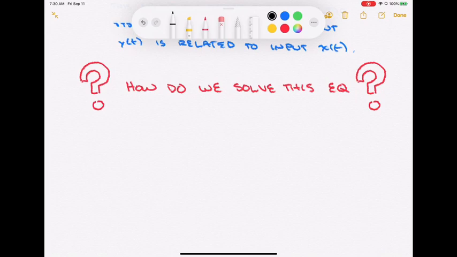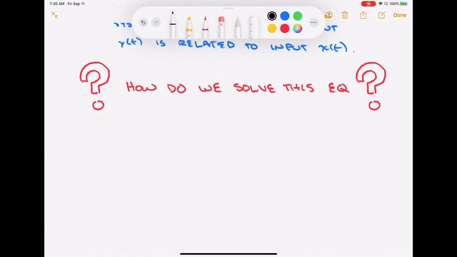When we talk about the state of a system, we're usually talking about the state of energy inside the system. So the state is set to zero, no internal energy, and then we apply an external input and we see what comes out. That particular kind of output, coming from an input but having the internal energy set equal to zero, the zero state, is called the zero state response.